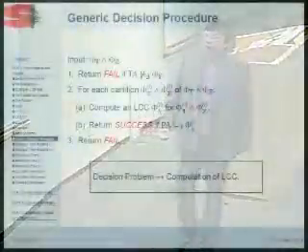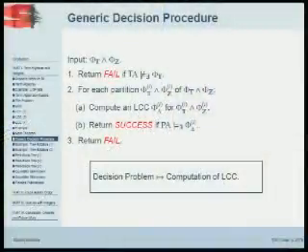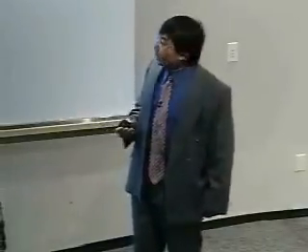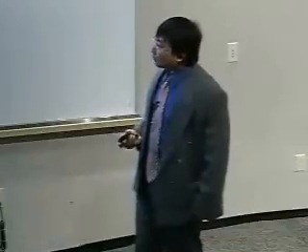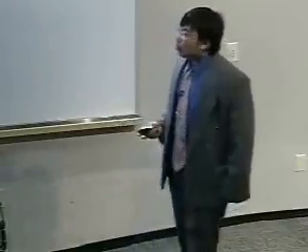For each branch we compute the LCC, and we only return success if there is a successful branch. Otherwise, we return fail. So now the decision problem is reduced to the computation of LCC.